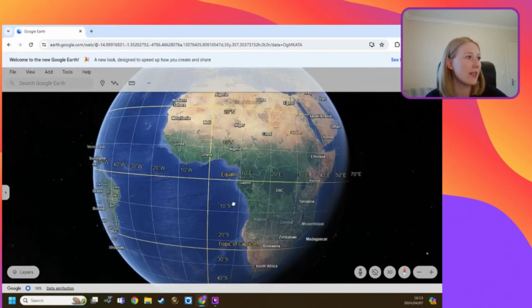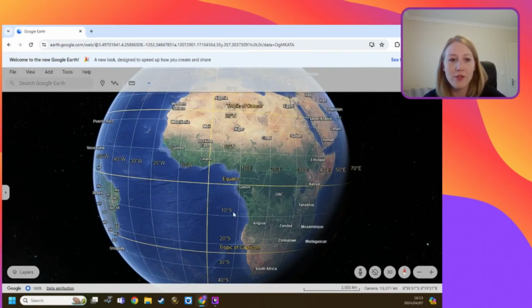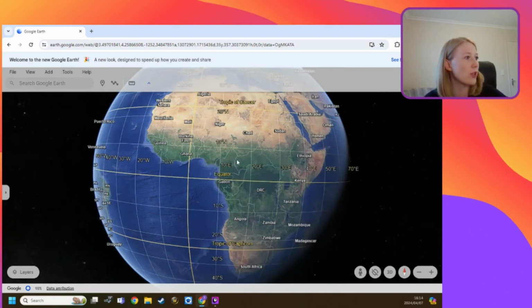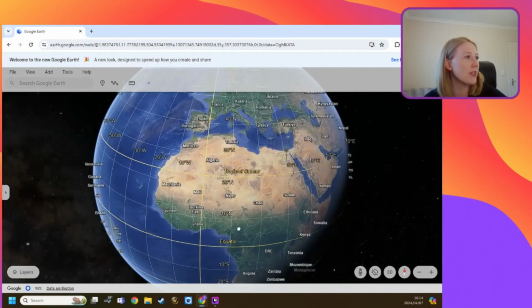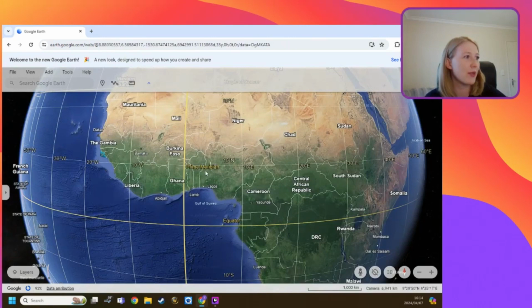Then east and west looks at the longitude, how far east or how far west something is. So we go from 0 degrees, there we see, prime meridian, also referred to as the Greenwich meridian.